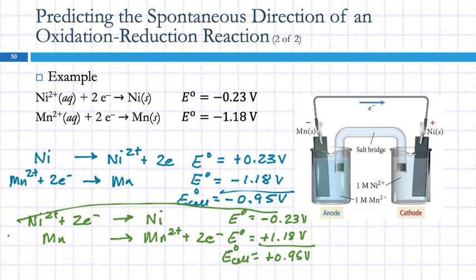So this is what's going to happen. I didn't mean to do that, but I guess that's okay. This is what's going to happen in a spontaneous reaction.